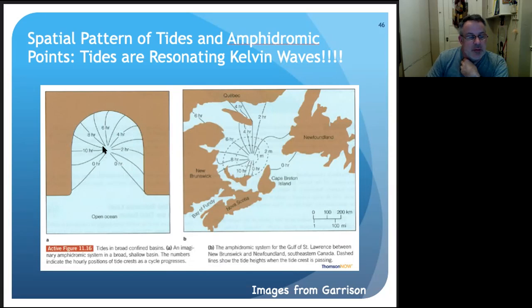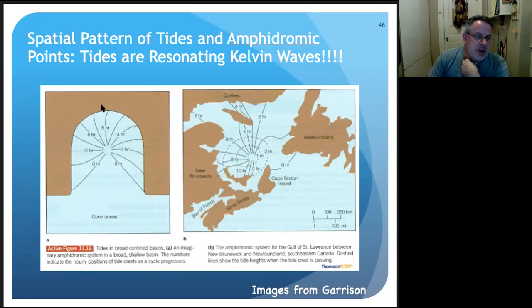So the amphidromic point is the point where the Kelvin wave is not touching in the middle, or is being affected equally by all of the wave amplitudes in all directions. You expect the biggest amplitude to be up against the coast. You expect it to be a relatively exponential decay that has to do with the geostrophic balance. And you expect resonance.